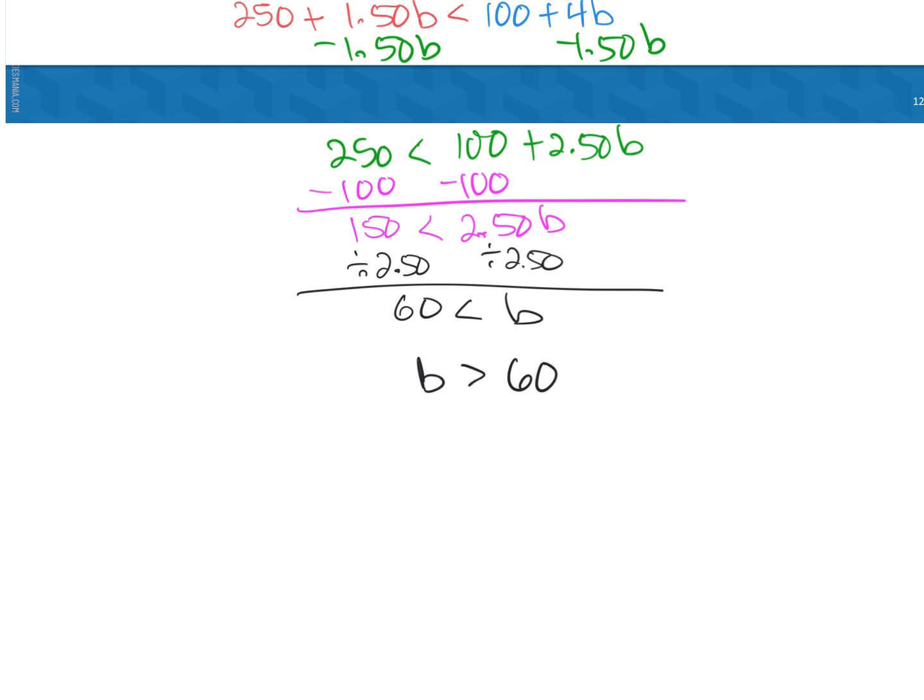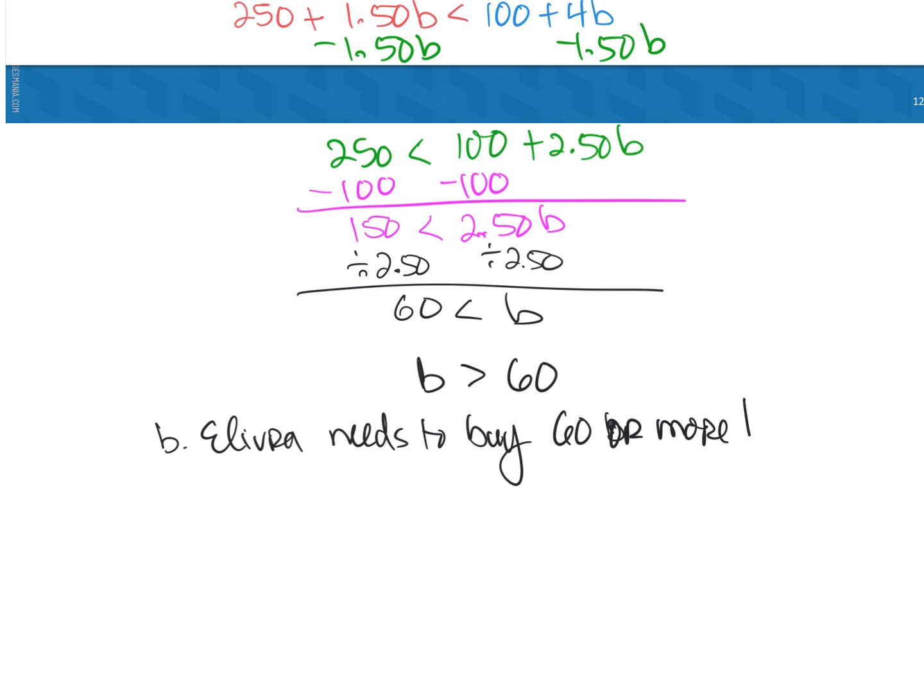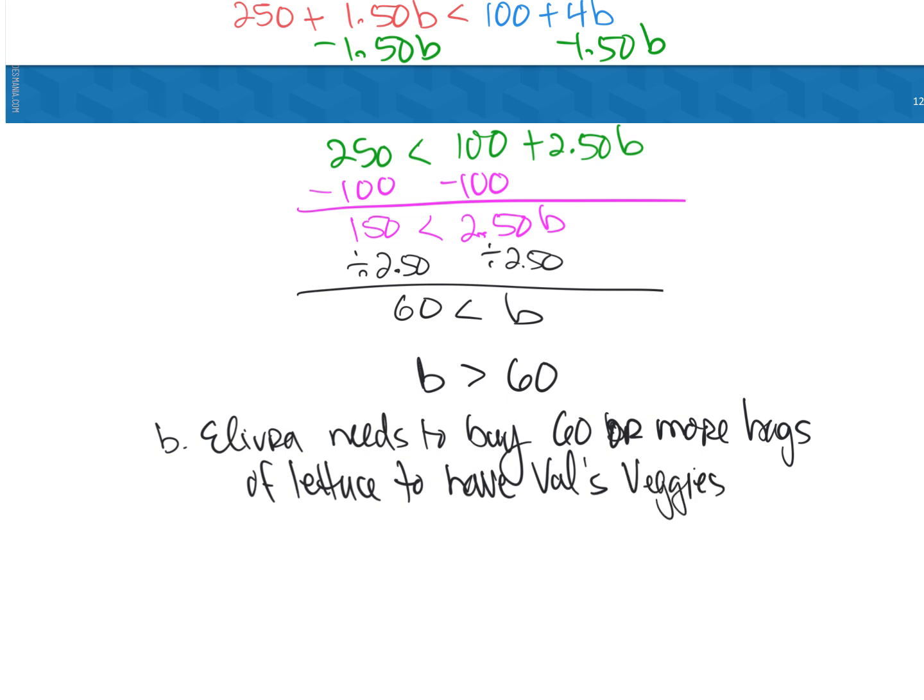Let's write that down. So Elvira needs to buy 60 or more bags of lettuce to have Val's veggies be the cheapest.